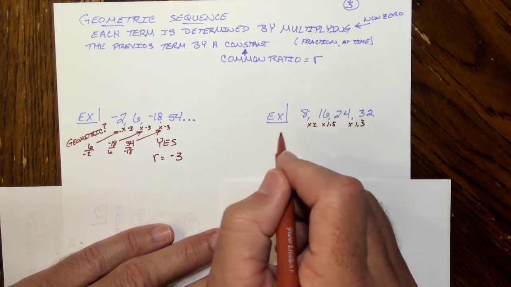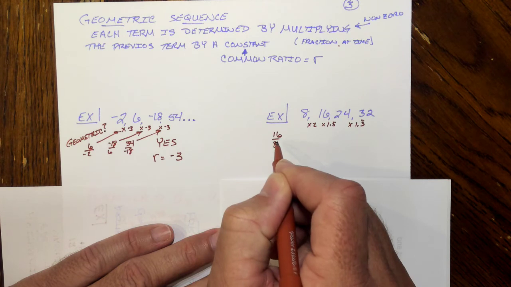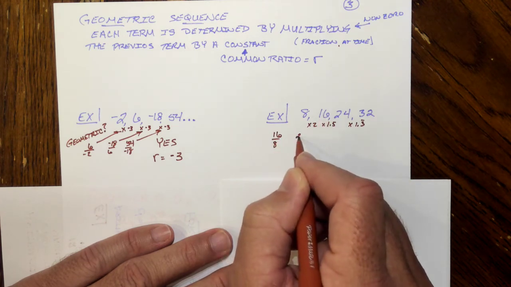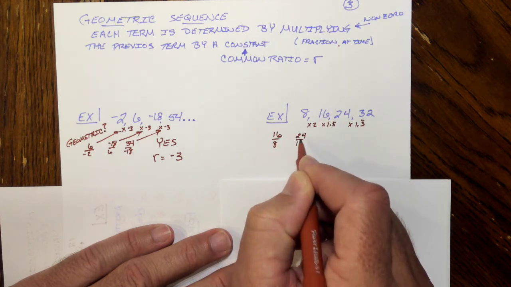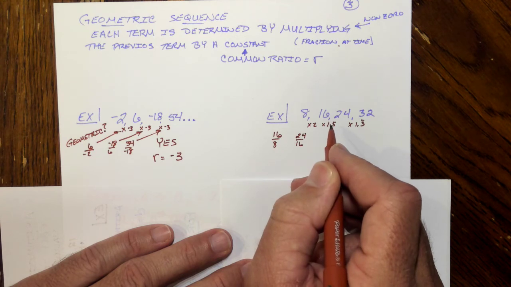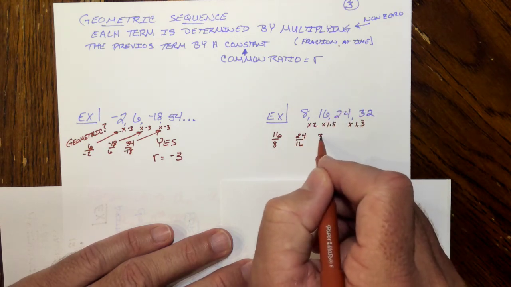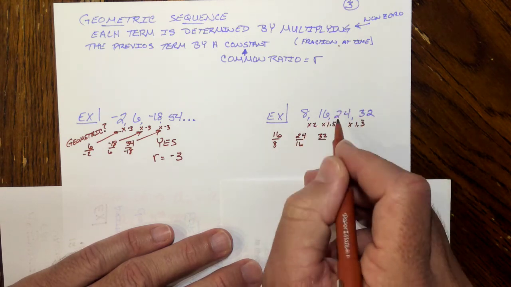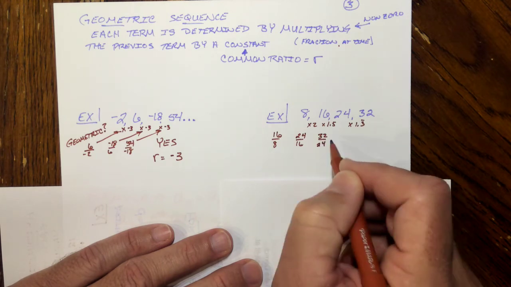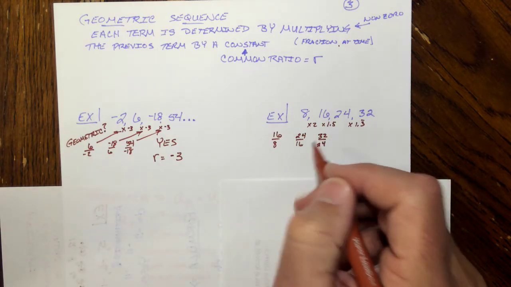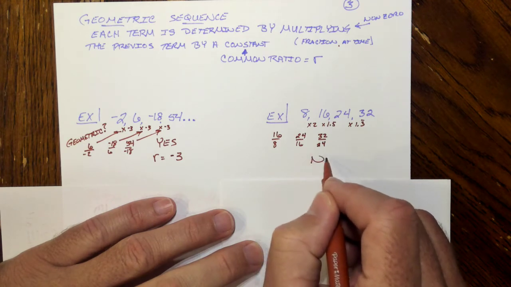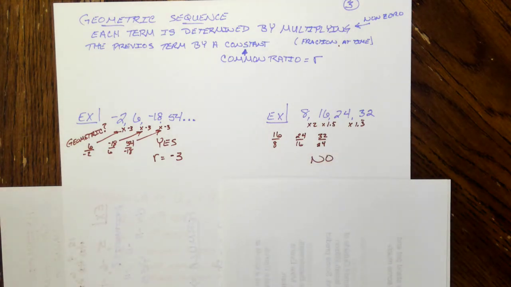Again, 16 divided by 8, 2. 24 divided by 16, 1.5. 32 divided by 24, 1 point repeating 3. Not the same pattern. So no, this is not a geometric sequence.